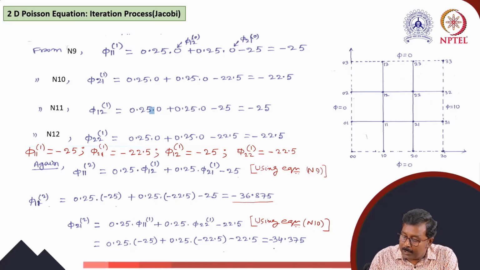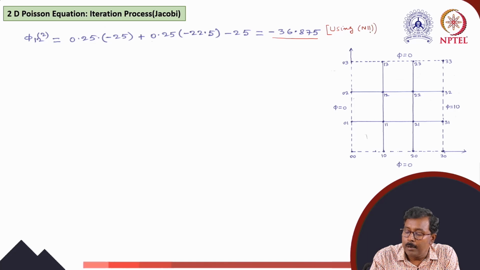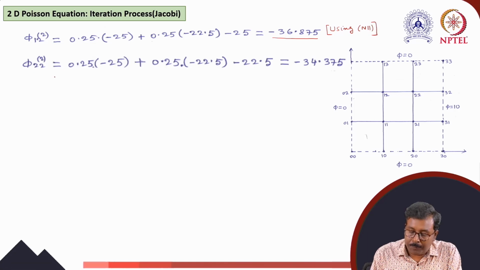And this is coming to minus 34.375. In this way if you proceed, phi 1 2 will be coming minus 36.875, that is also using N11, and phi 2 2 is minus 34.375.